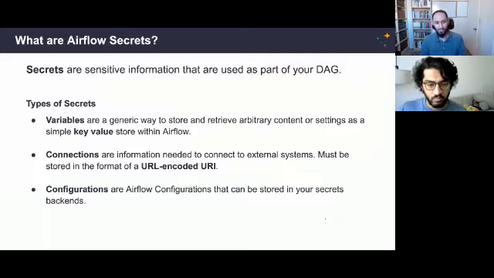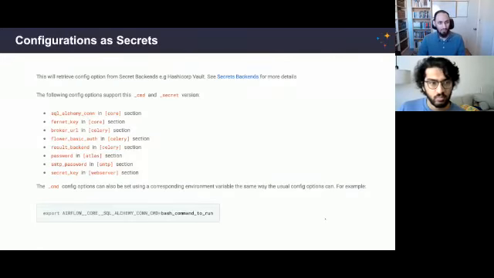And then you have configurations. You can actually store Airflow configurations within your secrets backends. This is actually something that was personally new to me, and I didn't know until I started contributing to the alternative secrets backend code. So I want to share a little bit more about that, because it has a lot of potential in terms of the power it provides to keep sensitive configuration information secure.